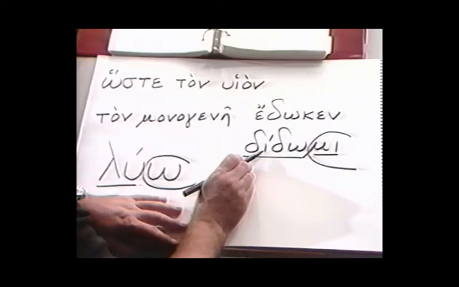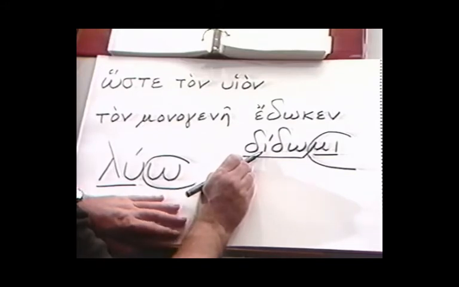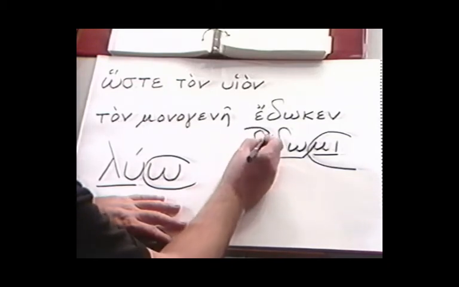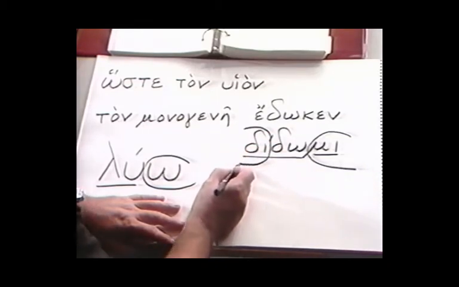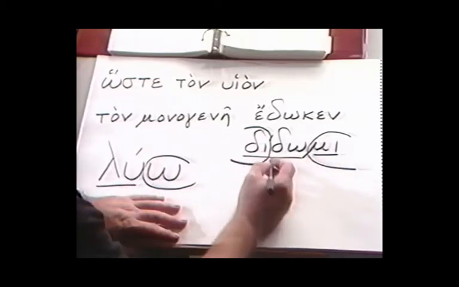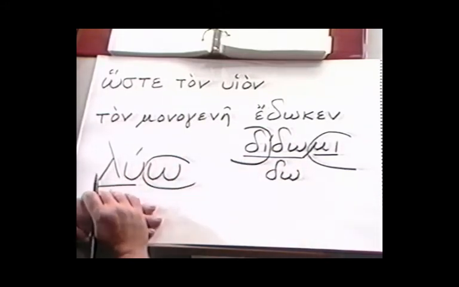Well, there are some mi verbs too which are reduplicated in the present tense stem, and they're reduplicated by using this iota vowel in their reduplication. What I'm going to do is to remove this present tense reduplication, and what I am left with here is the basic form of this verb, do.